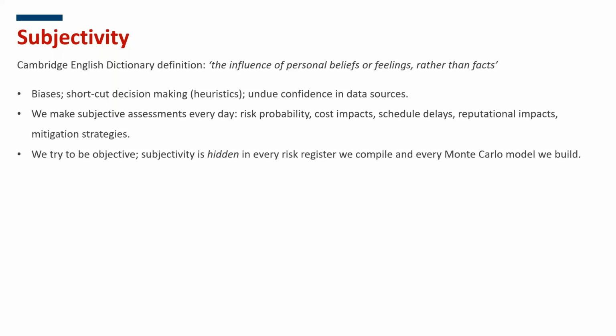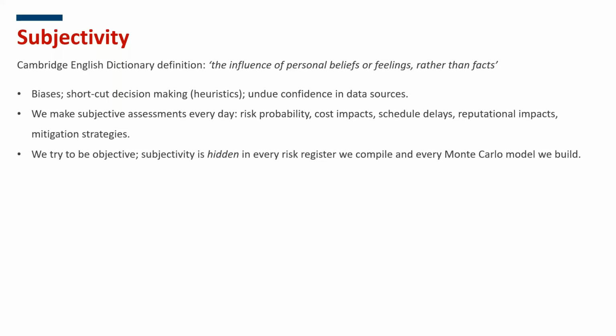So we make subjective assessments every day. We're conscious of it. We know we do it in our private lives and our professional lives. But few professions do it as much probably as risk managers. We're constantly using subjective assessments to establish risk probabilities, potential cost impacts, delays, reputational impacts, and then when we're developing our mitigation strategies, there's subjectivity at every step of that process.